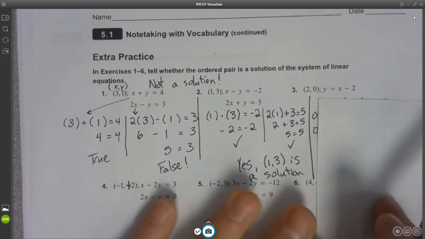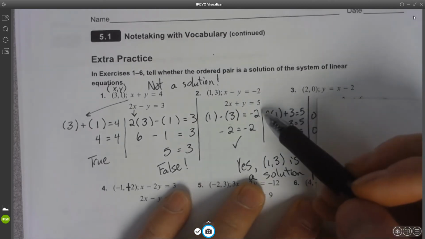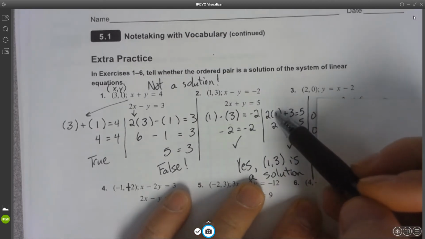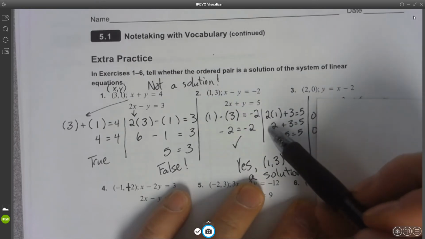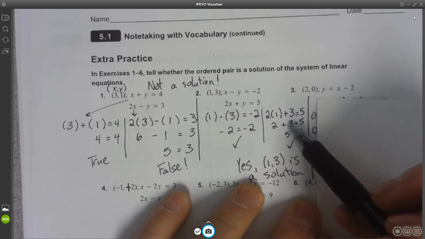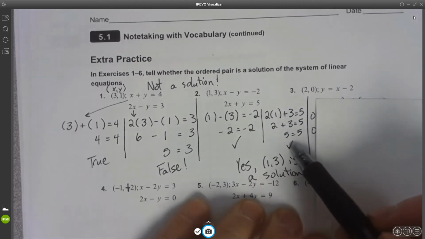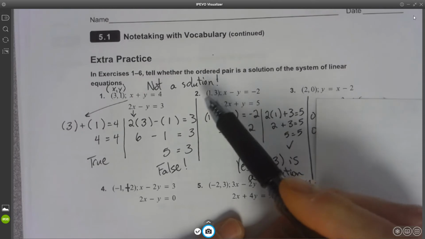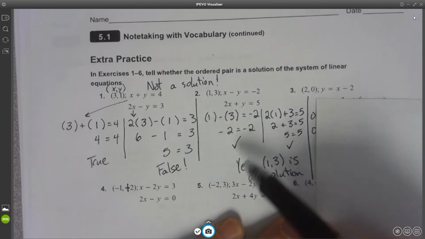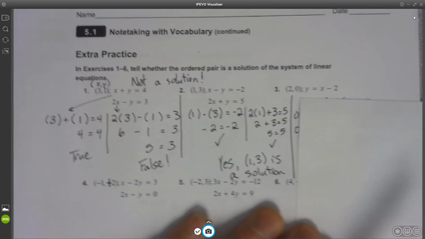When I put it into the second equation, first I need to do 2 times 1. That's 2. And then when we add 3 for y, 2 plus 3 is 5. So we end up with does 5 equal 5? That works as well. So this point 1, 3 works for both equations. So yes, it is a solution.